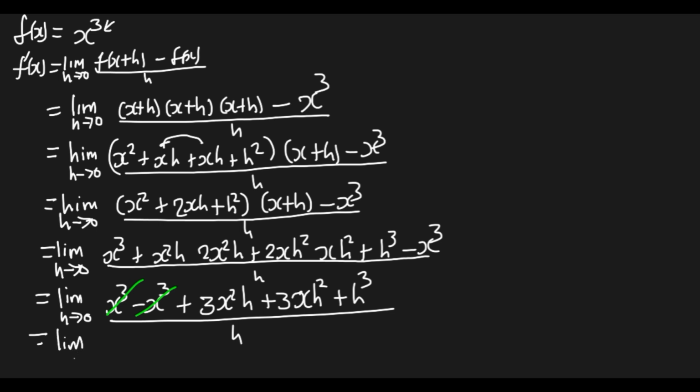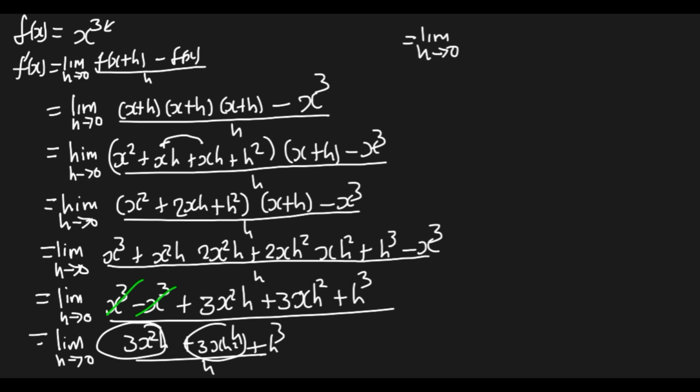So limit as h approaches 0, we'll have 3x squared h plus 3xh squared plus h cubed over h. Now after we are done simplifying the like terms, we need to factorize. So from this part, this part, we can see that h is common.